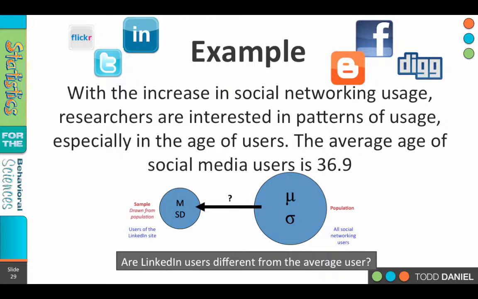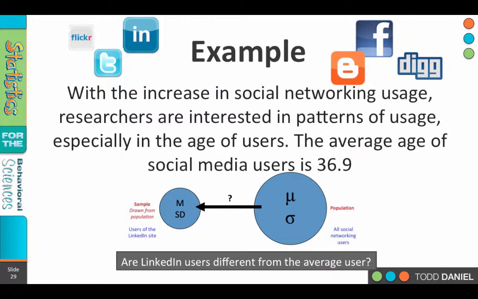So here's our example. With the increase in social networking usage, researchers are interested in the patterns of usage, especially in the age of users. So we find out that the average age of social media users is 36.9. And this is an example that I got from a website called Pingdom.